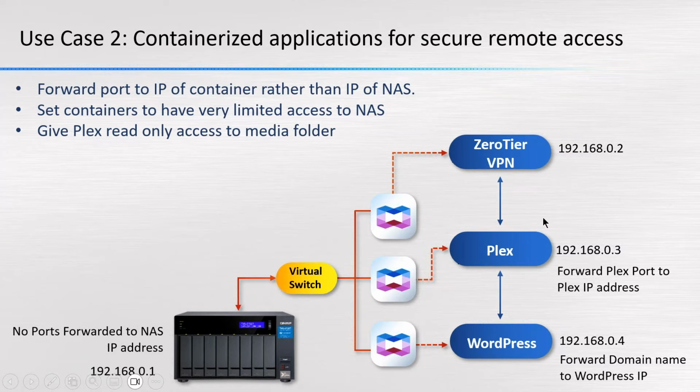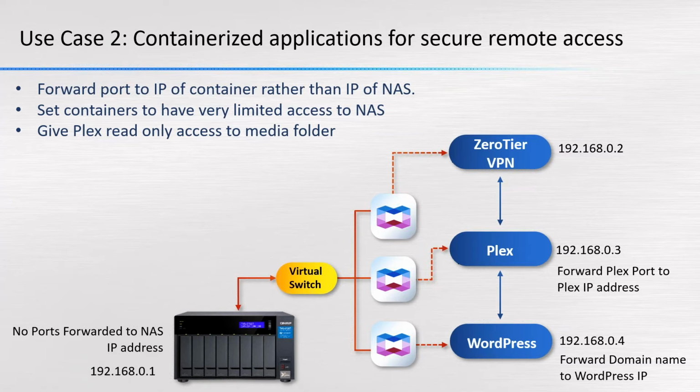Also, the advantage of containers is they can have very isolated privileges. What I have set up on this NAS is Plex running, but it just has read-write access to a little config folder, and it has read-only access to my multimedia folder. So even if somehow a Plex container were to get compromised, the container only has read-only access to my media folder.